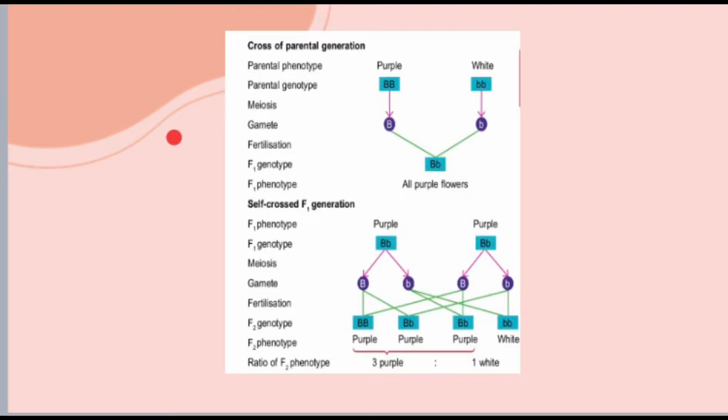And we also have 50% of capital letter B combined with small letter b, and it is also purple in color. And there is also 25% that will become white, which is small letter b and small letter b. Therefore, the ratio of the second phenotype is 3 purple and 1 white.